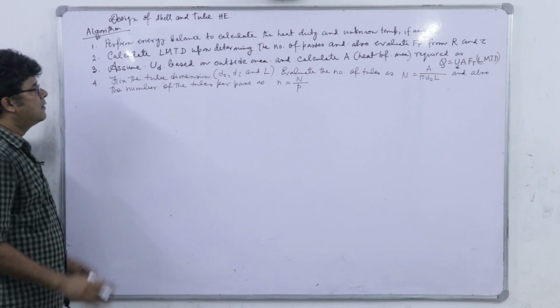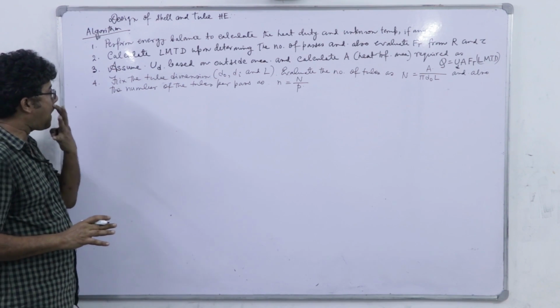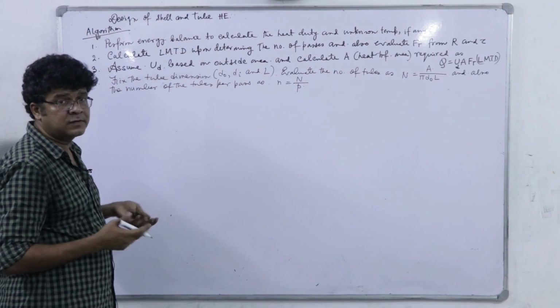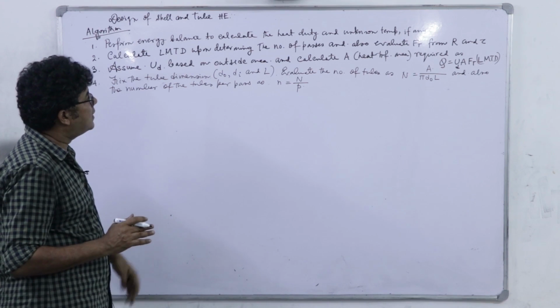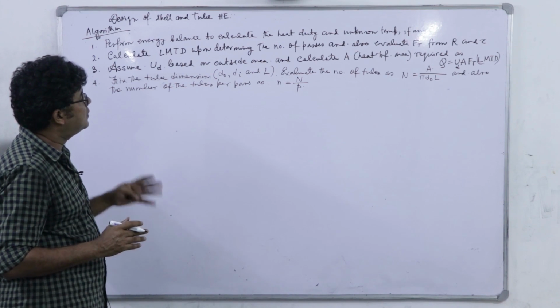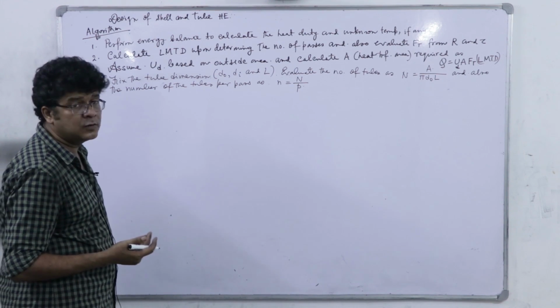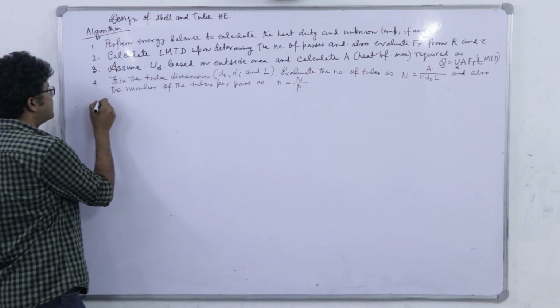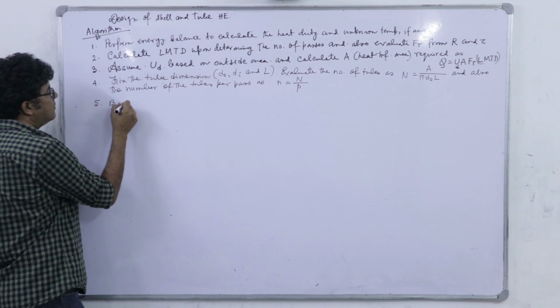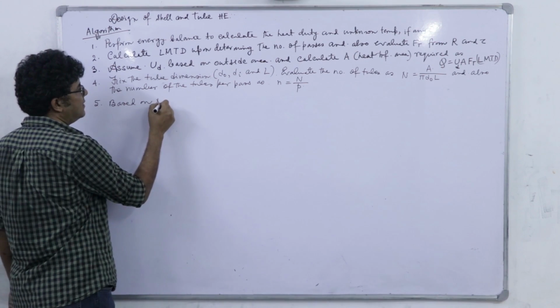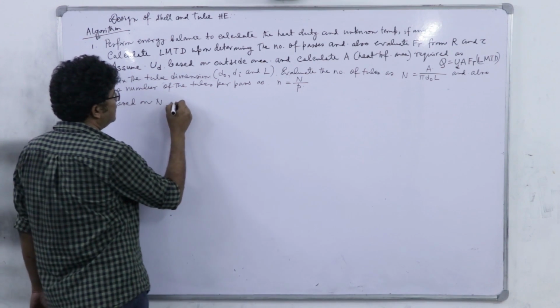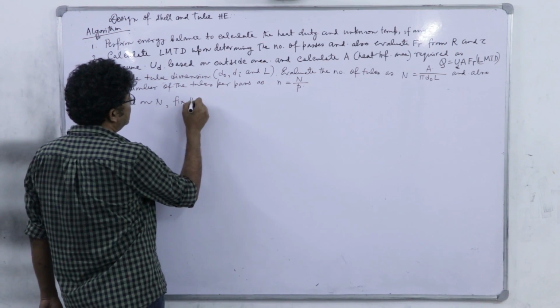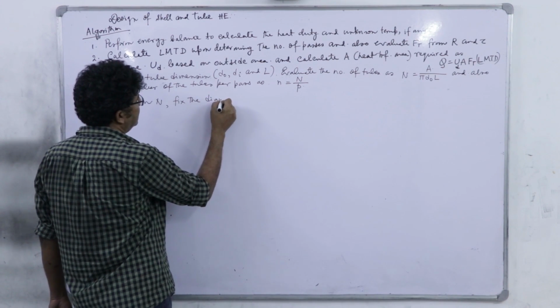Okay. So, the number of tubes has been calculated, and as we have assumed the number of passes, we have also calculated the number of tubes per pass. Based on N, the total number of tubes, fix the diameter of the shell.